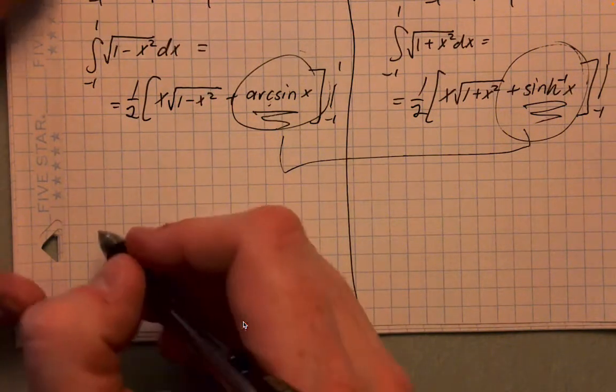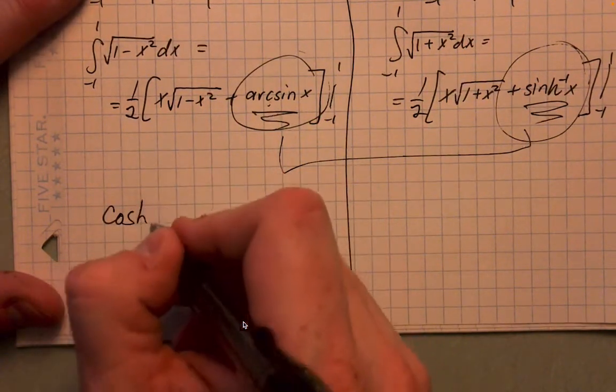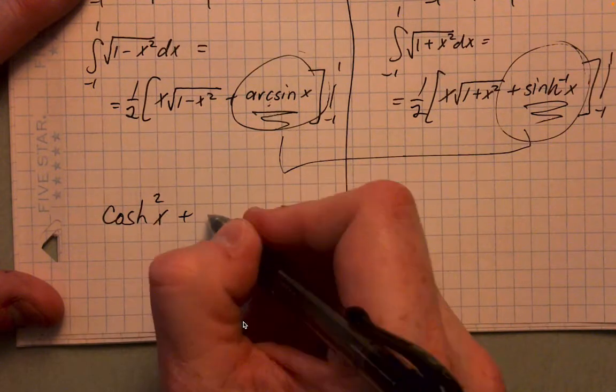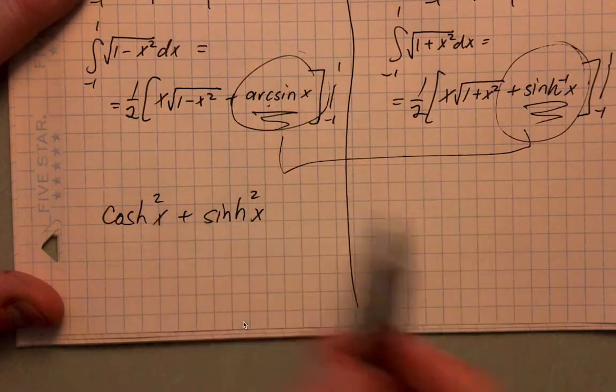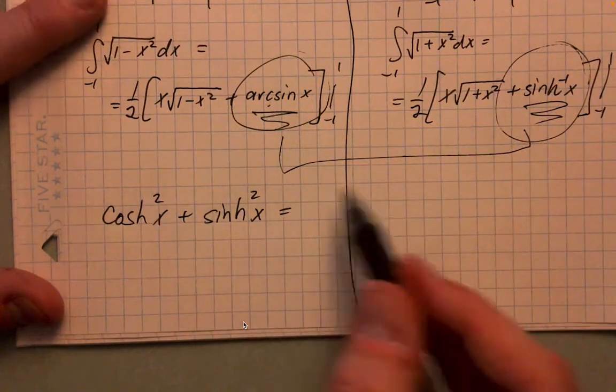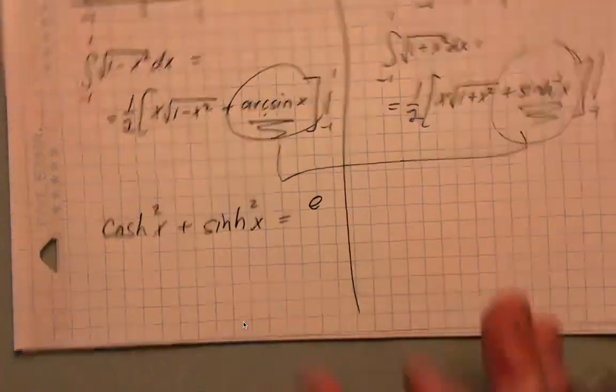So, for example, if I take the hyperbolic cosine of x squared plus the hyperbolic sine of x squared, so I add those two together, then by definition I can see that this is... I'm going to flip the page. I've got lines blocking my page.